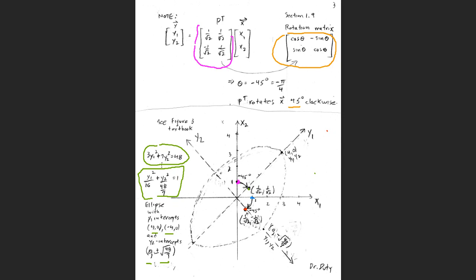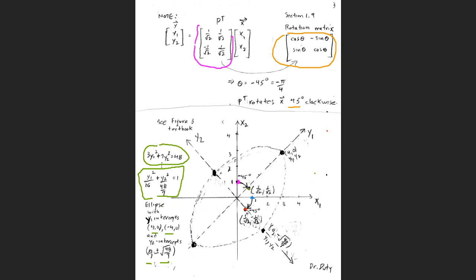So on the y1 axis, these are the y1 intercepts. If you put 4, 0 here and negative 4, 0 there, after all, y1 is 4, negative 4. And then on the y2 axis, you put plus or minus root 48 over 7.